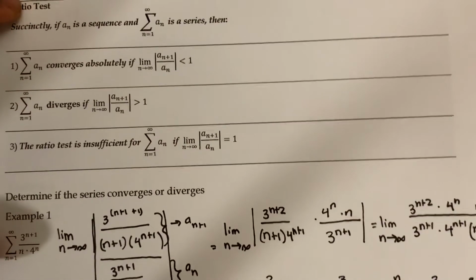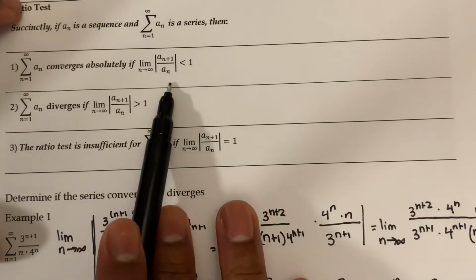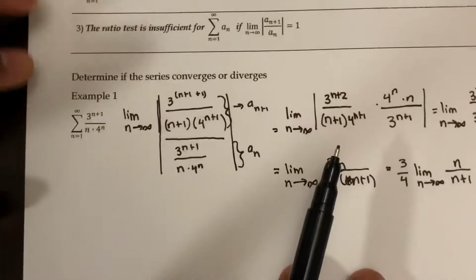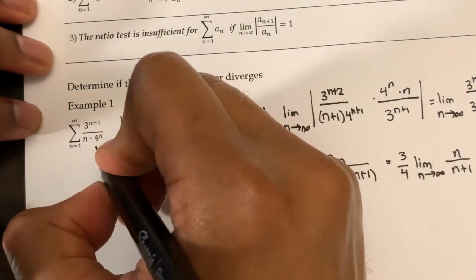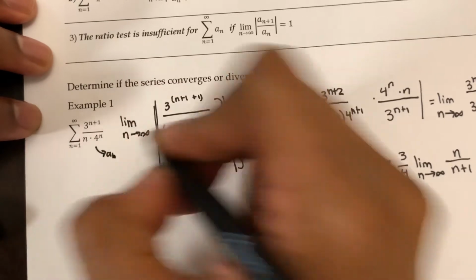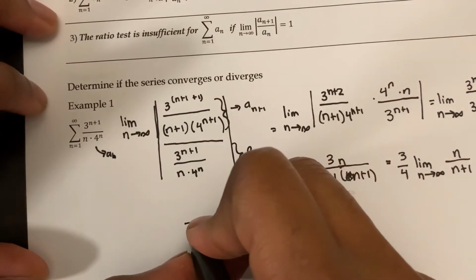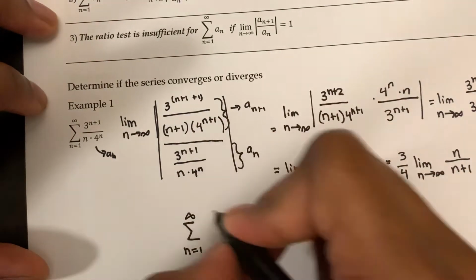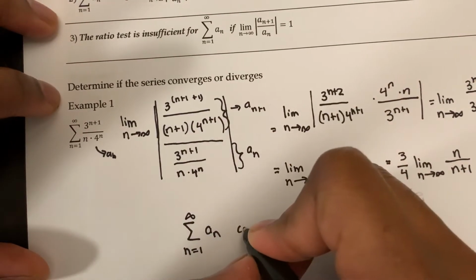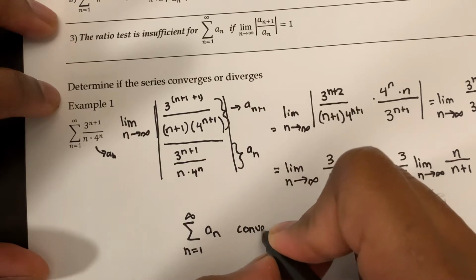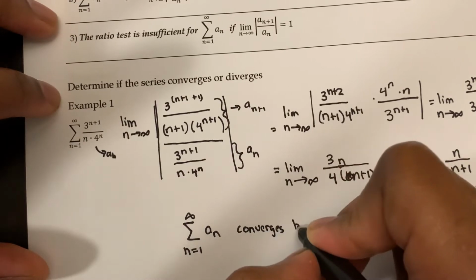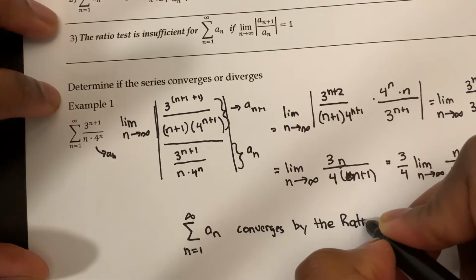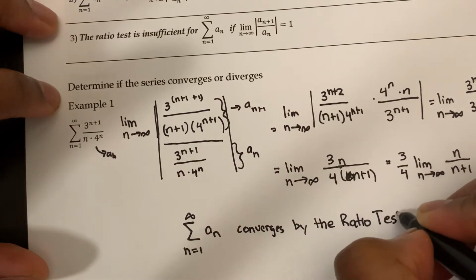Now, again, according to the ratio test, if the limit that we get is less than 1, then this series ultimately converges. So down here, we're just going to call this a sub n so we don't have to write the entire thing. We would say the series from n equals 1 to infinity of a sub n converges by the ratio test.